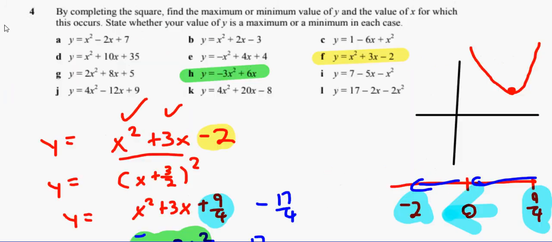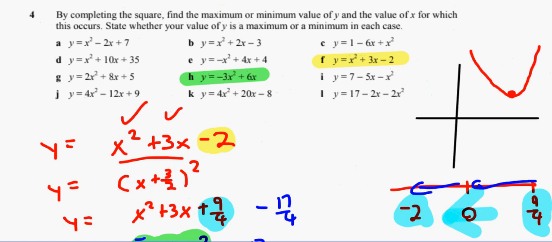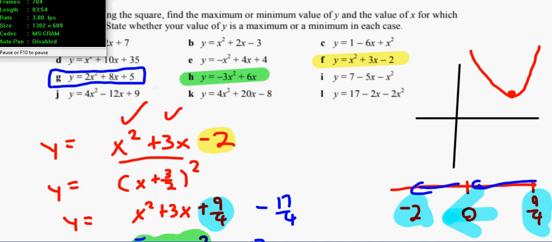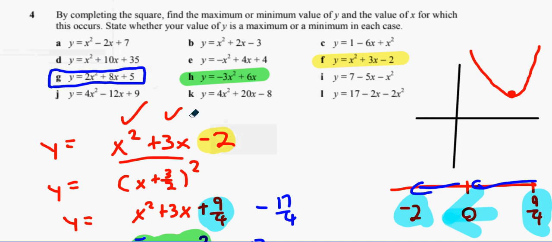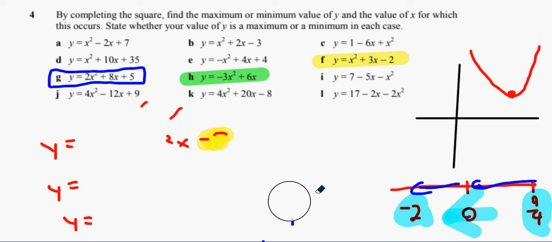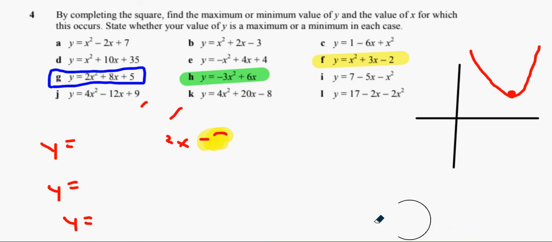I did that one. I want you guys, no, don't do the green one. I want you guys to do G. See G? I want you guys to try G on your own. Forgot? Alright, Kaminsky, you're going to tell me how to do it. First of all, Kaminsky, U-shaped or N-shaped? G, it's U-shaped.